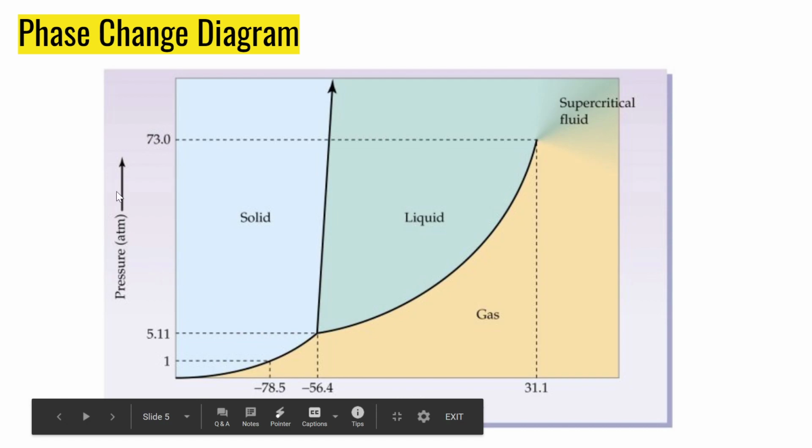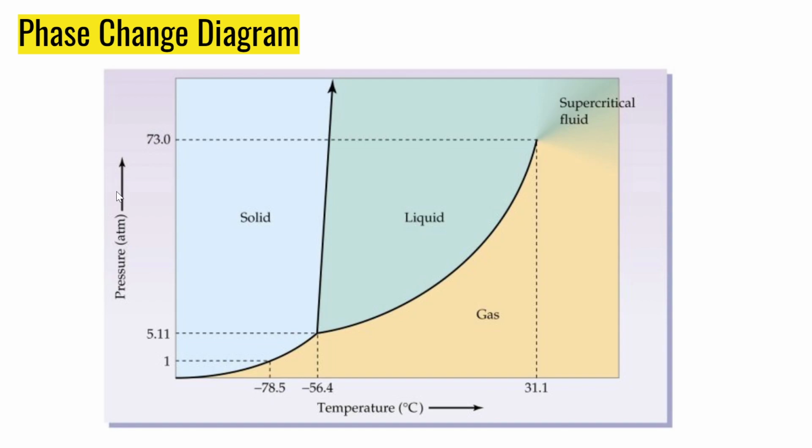There are some things about this graph that may make some things that you've seen in popular culture make a little bit more sense to you. So one of the things, if you end up going to a higher altitude, so for instance, I grew up in Denver, Colorado, the boiling point for water, or the point for a liquid transitioning to a gas, ends up being significantly lower in Colorado.